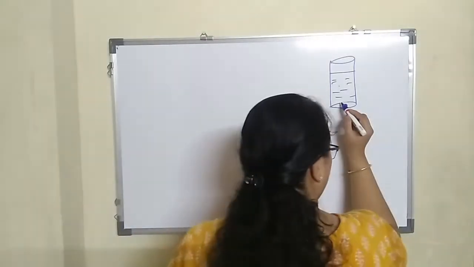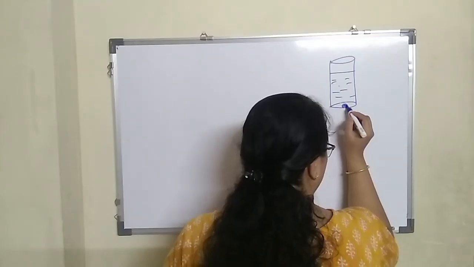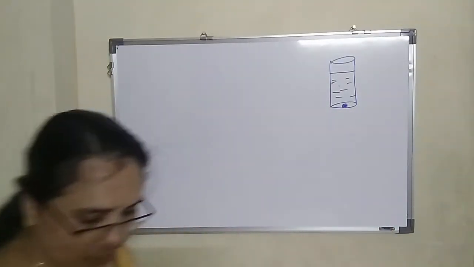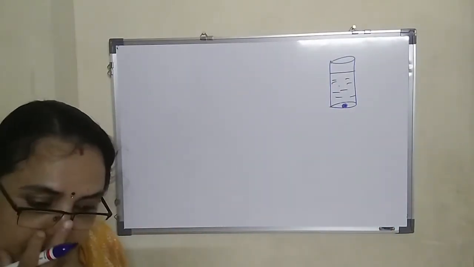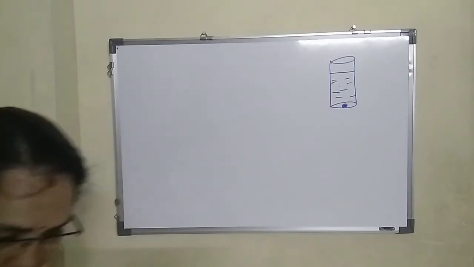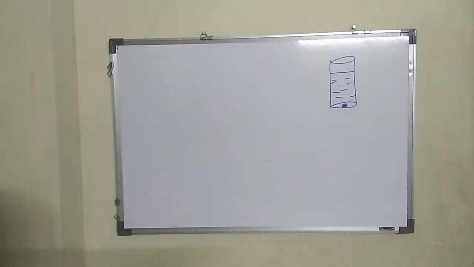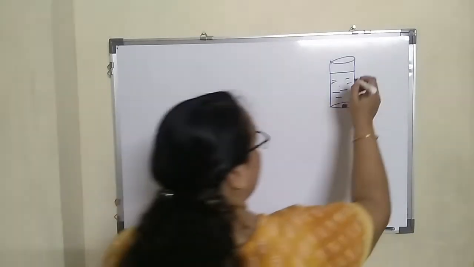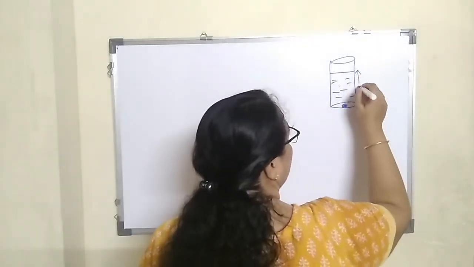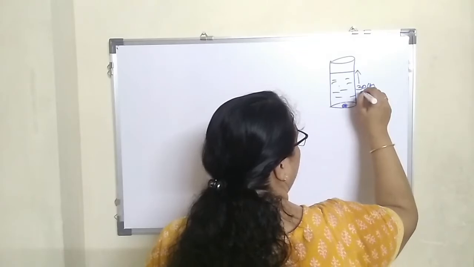This is not a ring, here is a sphere. A naughty sphere to trouble you. Now what is said in the question, as shown in the figure, a cylindrical glass contains water. And as you can see in the figure, the water has taken the height up to 30 centimeter.